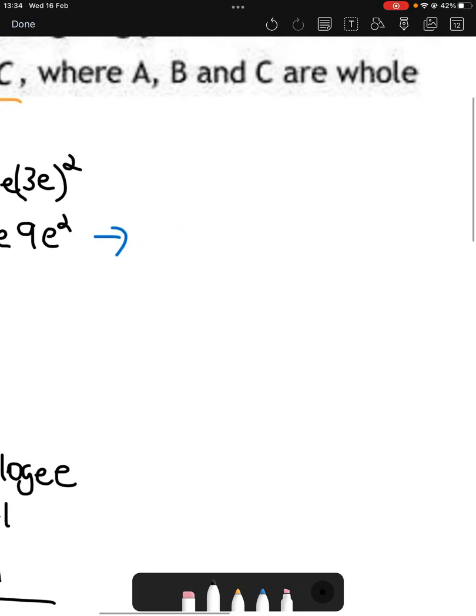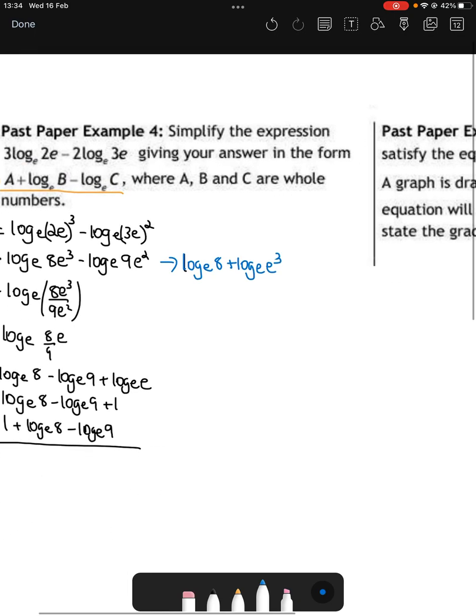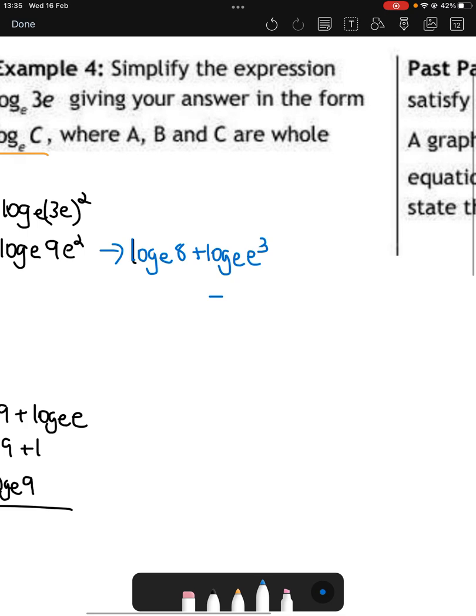So I could have log e to the 8 plus log e to the e cubed. And then I'm minusing, and again do the same thing with that and split it up. If you don't like this method, don't worry about it. And then again, you can see I've got my log e to the 8 minus log e to the 9, like I know the answer is.